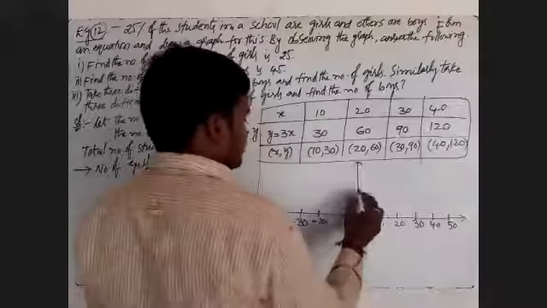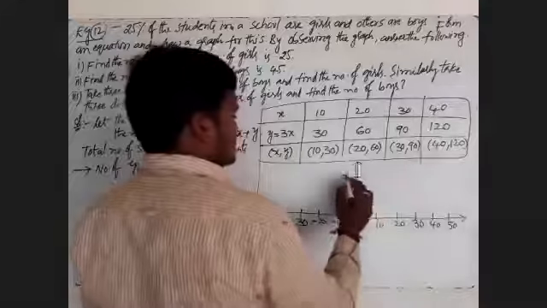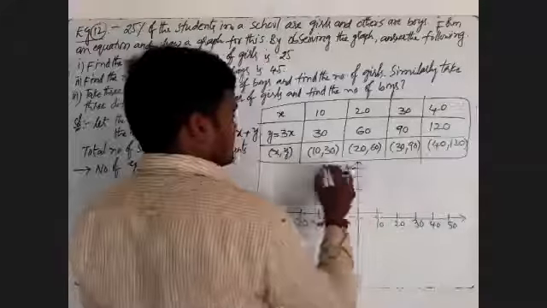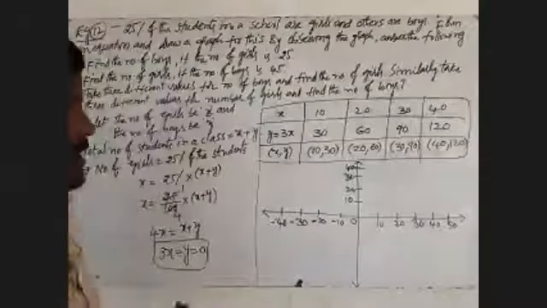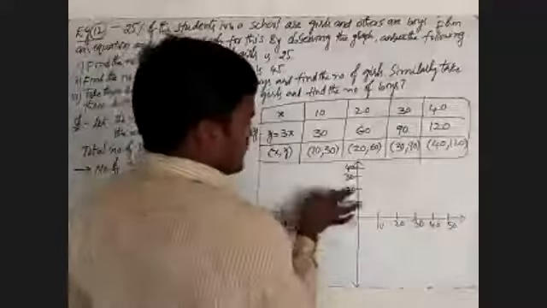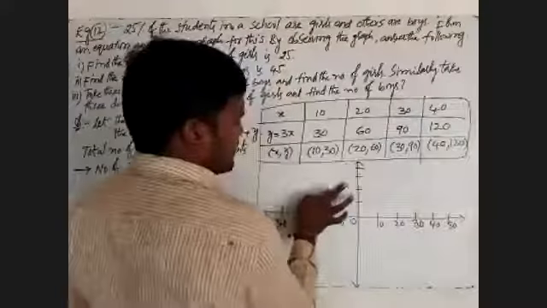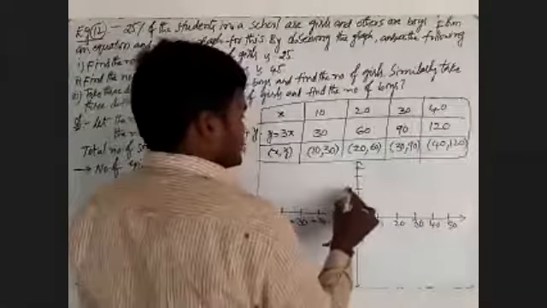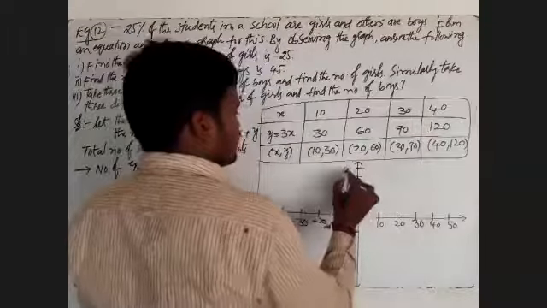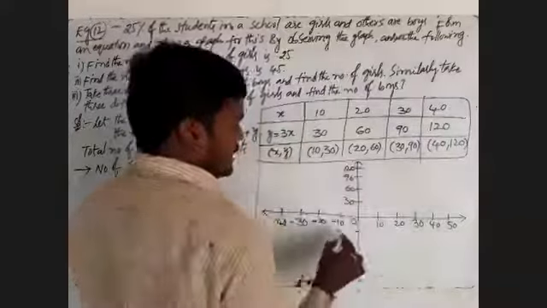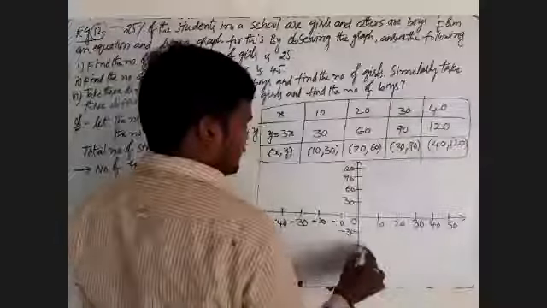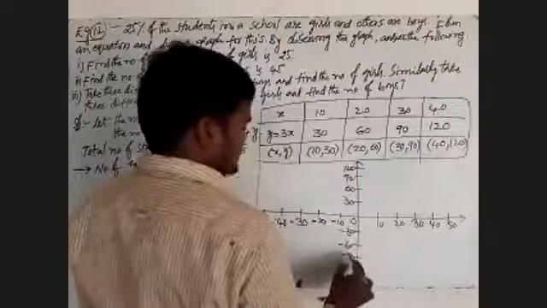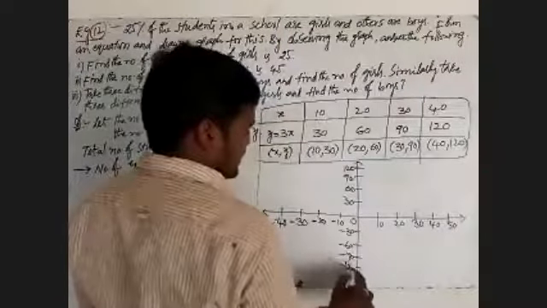On the y coordinate we will take 30 units, so I will take the points 30, 60, 90 and 120. The negative y-axis is minus 30, minus 60, minus 90 and minus 120.